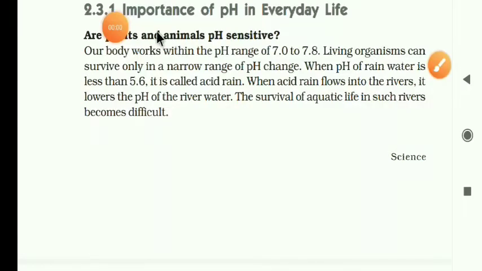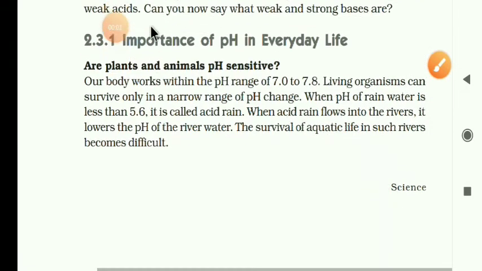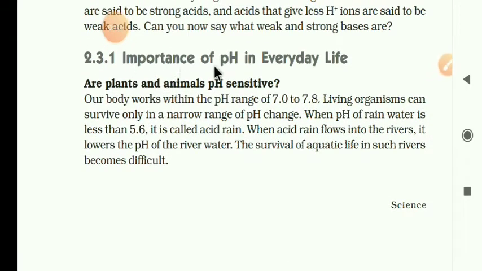Okay, now we move on to the importance of pH in everyday life. First one, importance of pH in the existence of living beings. Our body works within the pH range of 7.0 to 7.8. Living organisms can survive only in a narrow pH range.